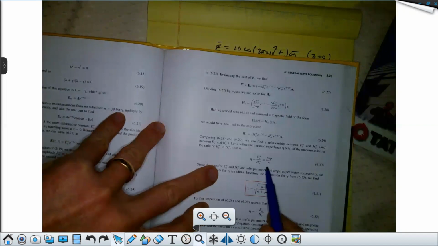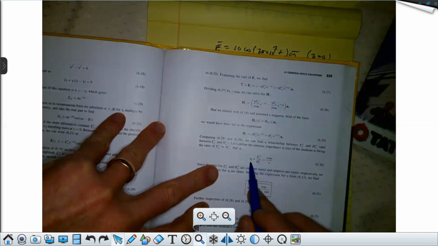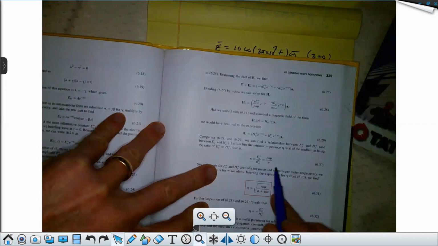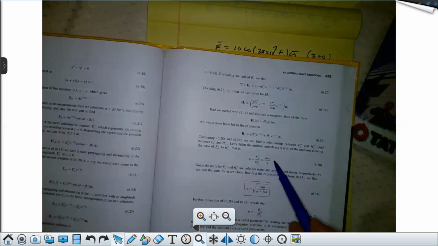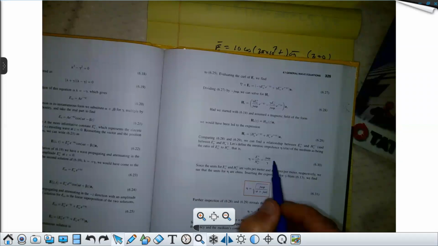So when we're trying to find eta, that's the equation I just said. I was using that to find eta. Can you not use that to find eta right there? You can use this to find eta.